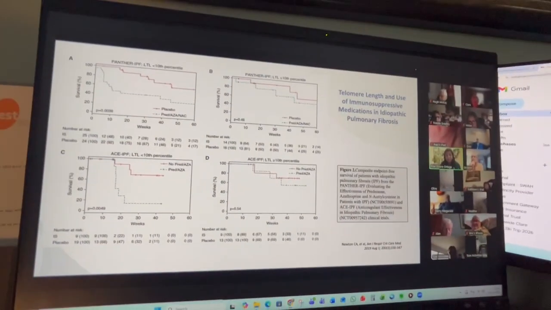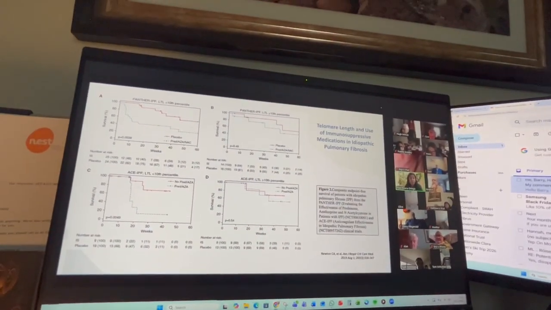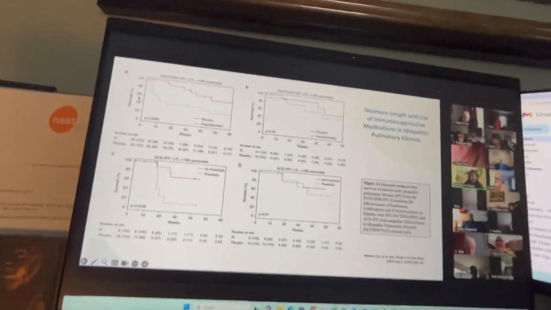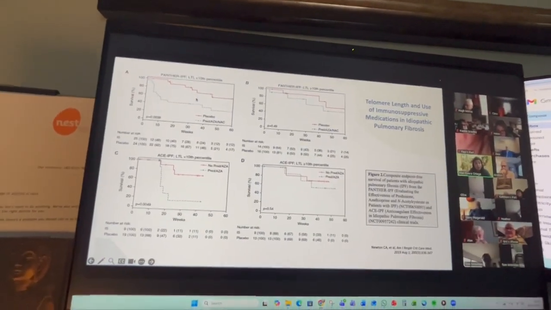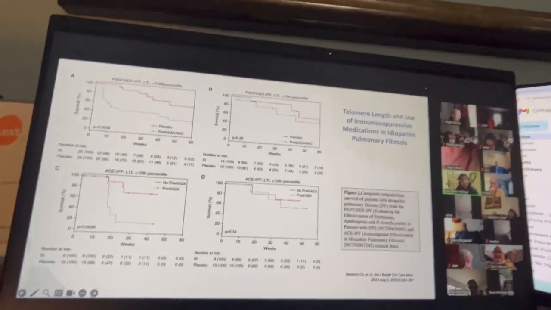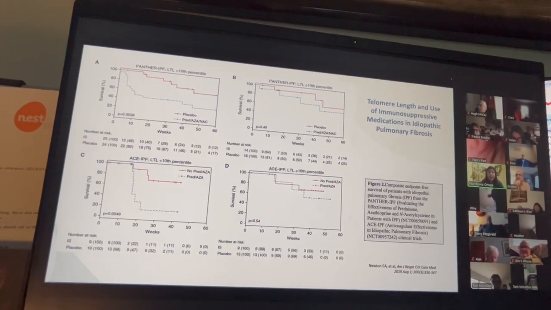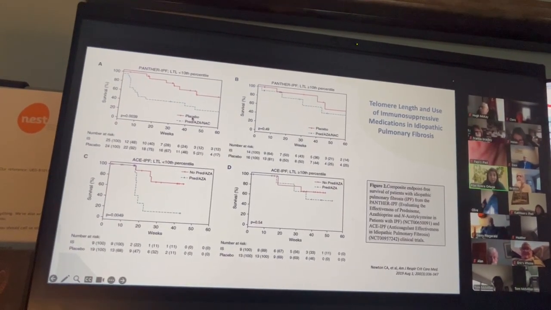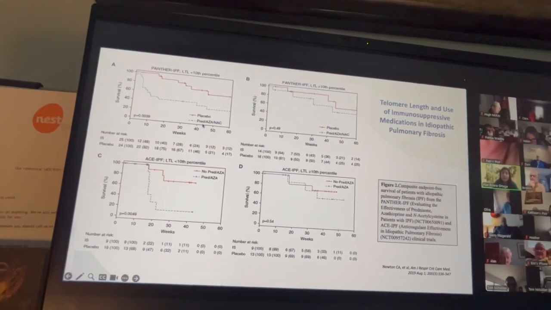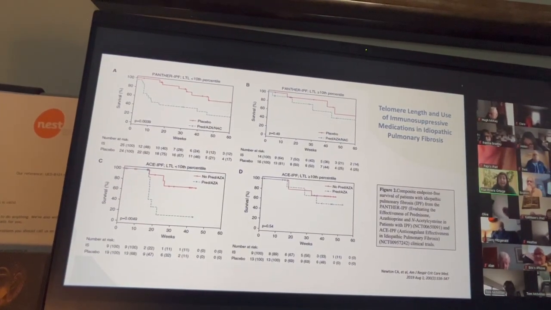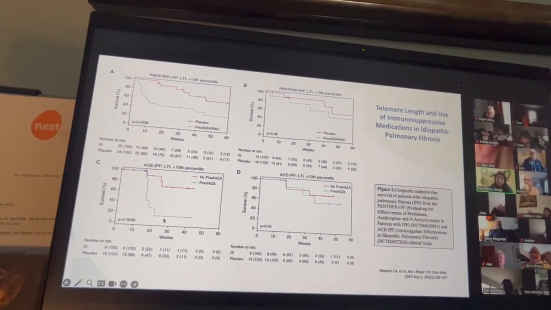What happened? The remaining samples about genetics for this trial were analyzed and published in 2019, and they discovered that particularly the patients in this trial with short telomeres are the ones that had a worse survival when they were receiving immunosuppressive therapy.